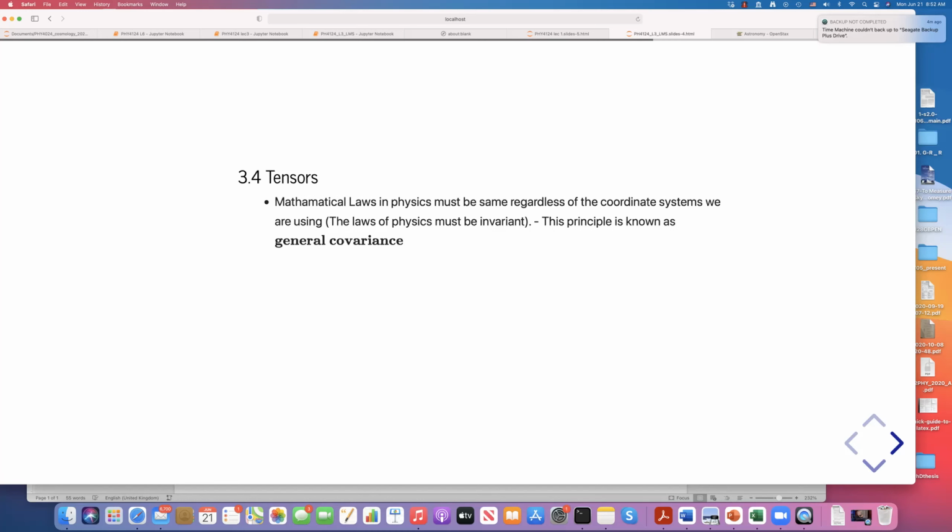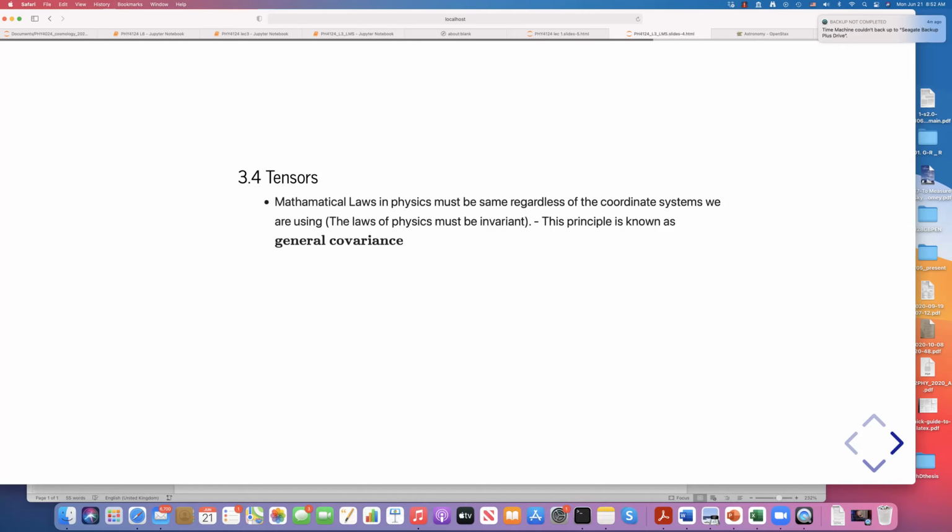Now, if you look at these different mathematical laws in physics, they must be the same regardless of the coordinate system we are using, right? I hope that all of you know about this, because if the laws start to change from one coordinate system to the other, then it will not work, right?